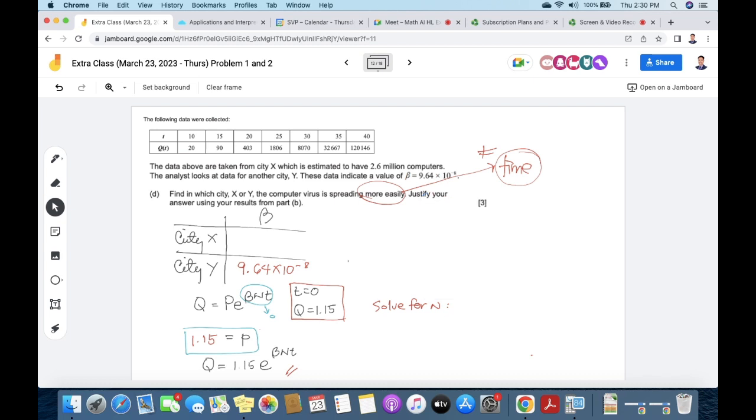Anybody, any suggestions? What should I do to solve for n? Should I take ln right away or should I do something first? And what is it? Anyone?